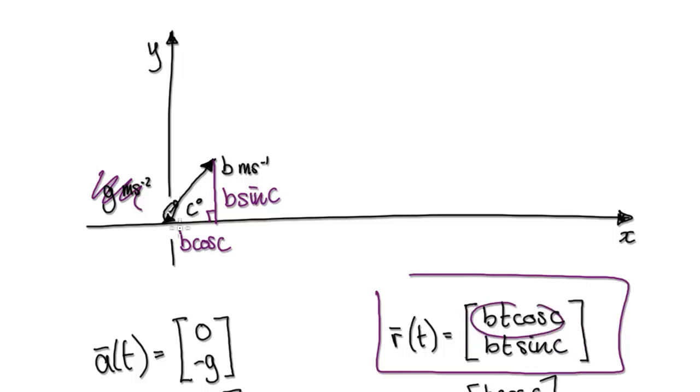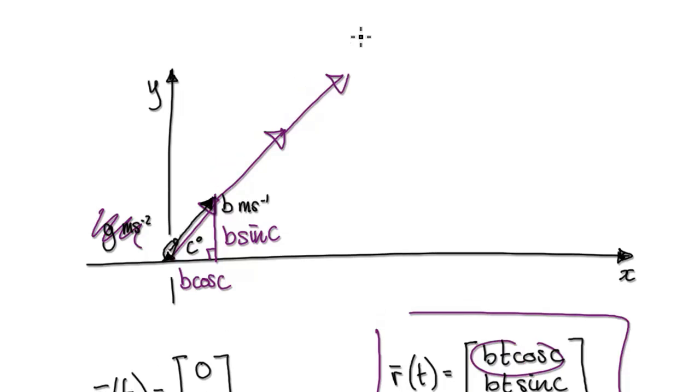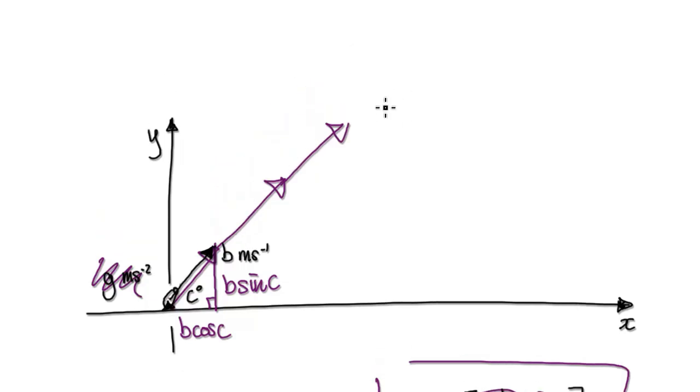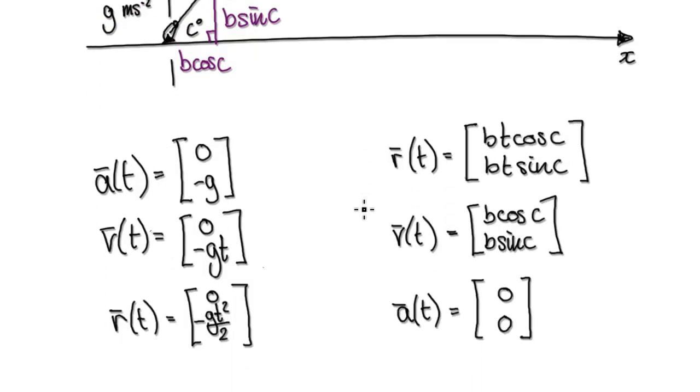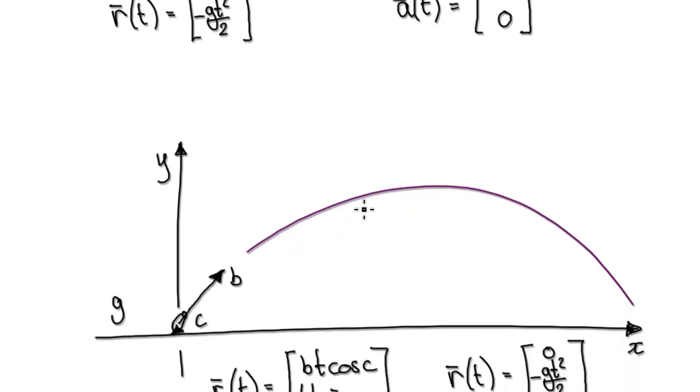So it will move like this. In the absence of gravity, another second later it will move like this. Another second later, remember Newton's first law, a body will remain at rest or move at a constant velocity unless acted upon by an external force. So it will just move in a straight line. Now if you take gravity into account, what that means is this.